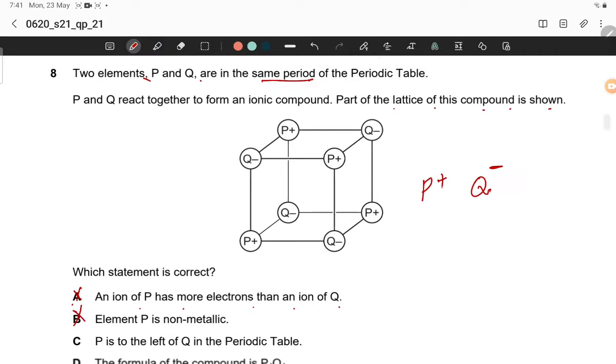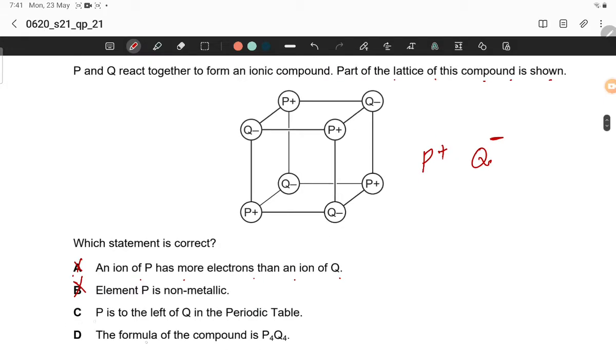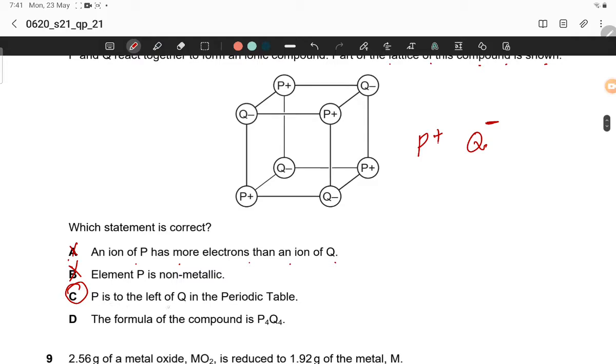It is also incorrect. P is to the left of Q in the periodic table. Yes, P is to the left of Q in the periodic table. This is correct. P is a metal, so it is to the left of Q in the periodic table.